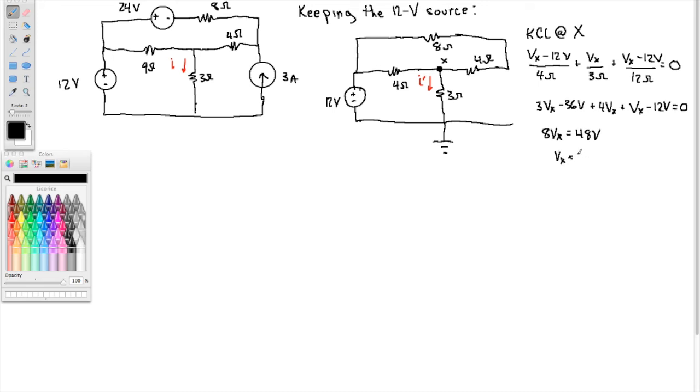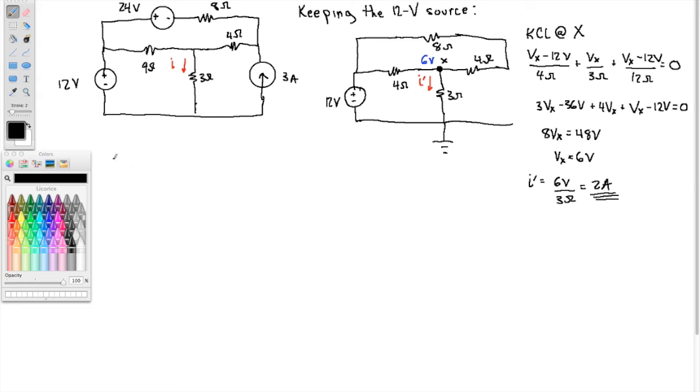Okay, so Vx is equal to 6 volts. So we've got 6 volts sitting right here relative to this node here. So that makes I prime 6 volts over 3 ohms, 2 amps. Alright, so that's the contribution of this current due to just the 12 volt source.